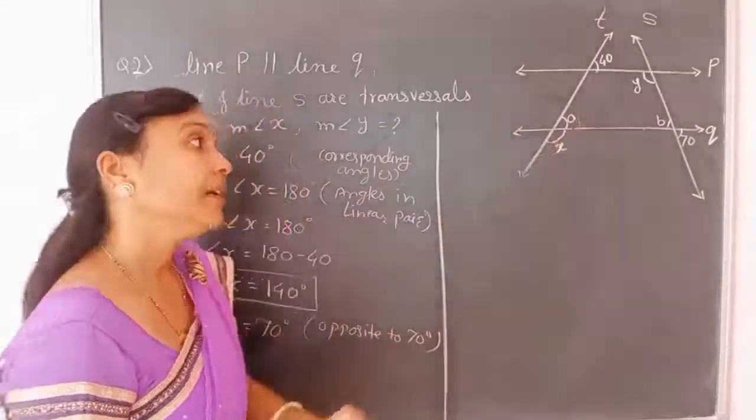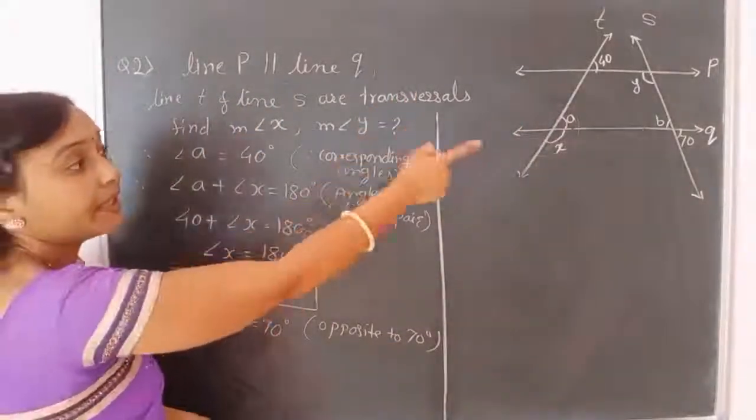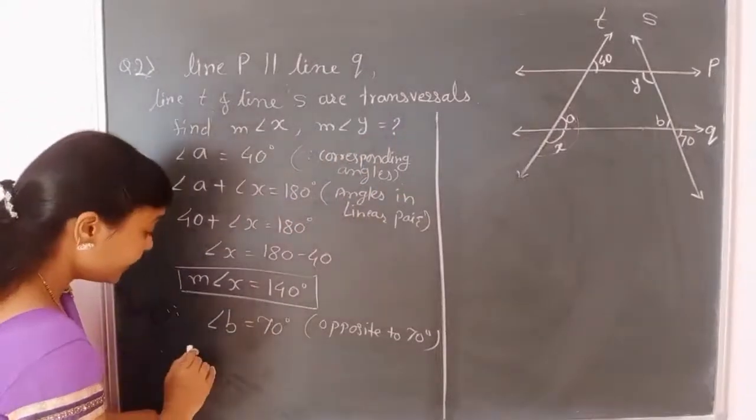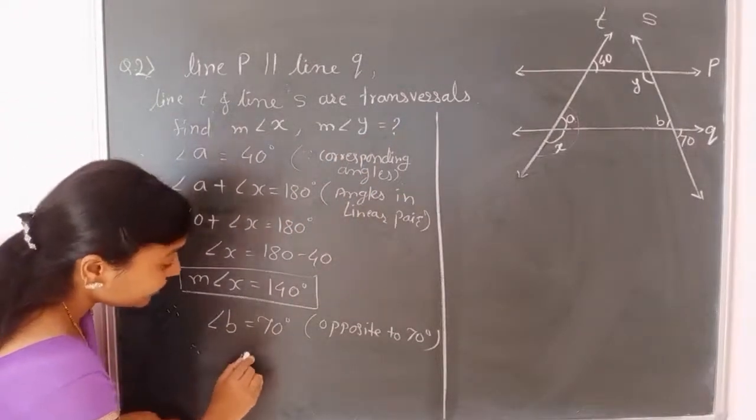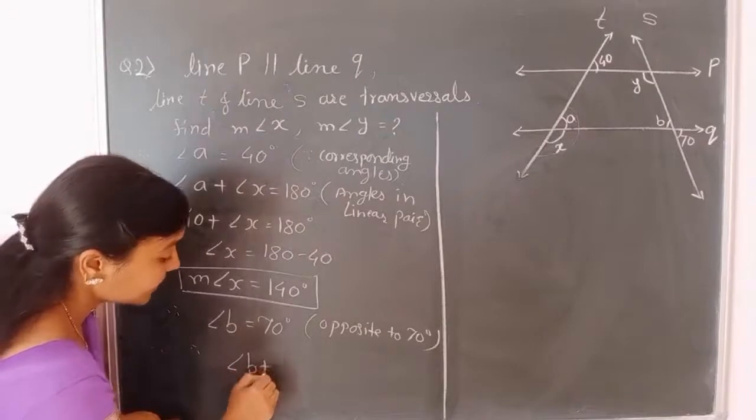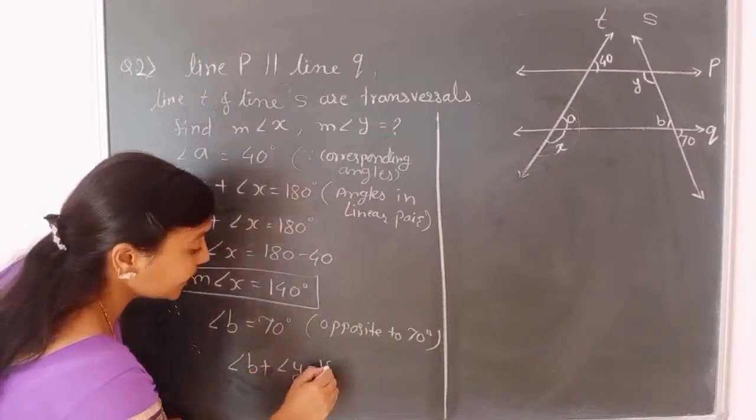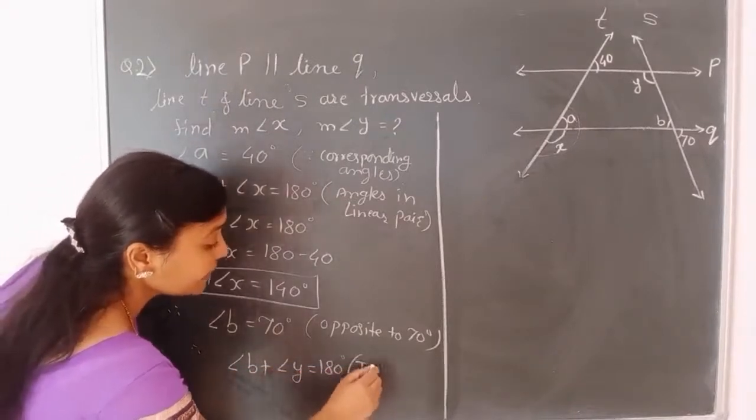Y and B are the interior angles because P and Q are the parallel lines, and therefore angle B plus angle Y equal to 180 degree. Interior angles.